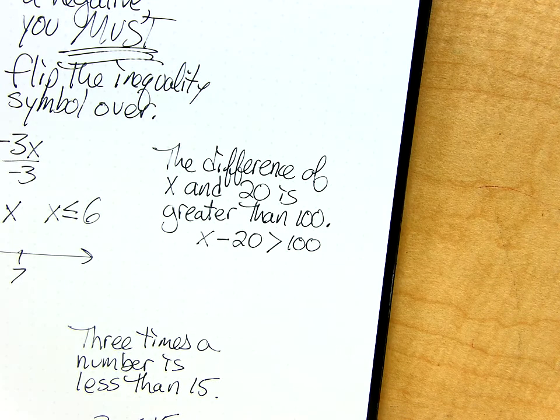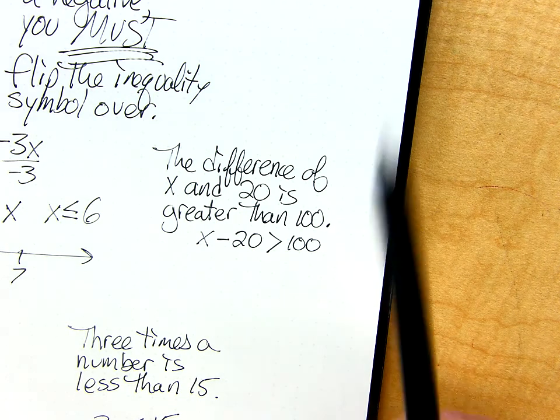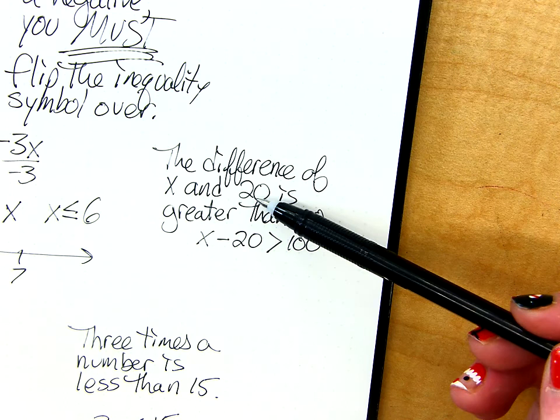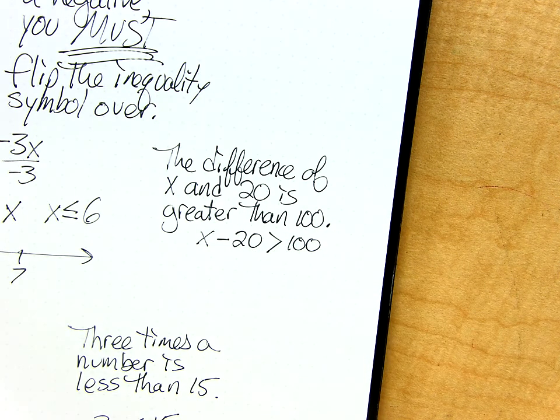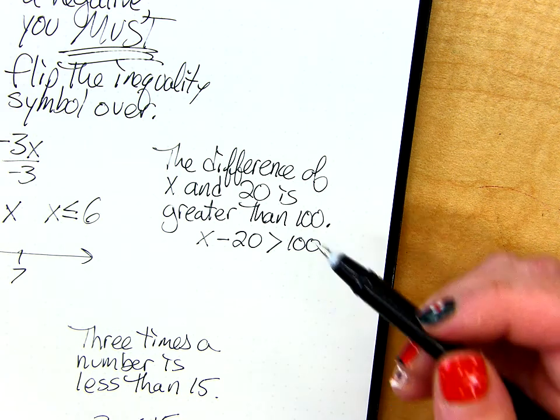What do you guys think? I agree. It's perfect. The difference of x and 20, difference is subtraction. With that wording, it just means the first number minus the second number. So x minus 20. Because remember there were those where the subtraction you had to flip it around. Maybe we'll try a tricky one like that. So anyway, now if I'm going to solve this, what do I do?